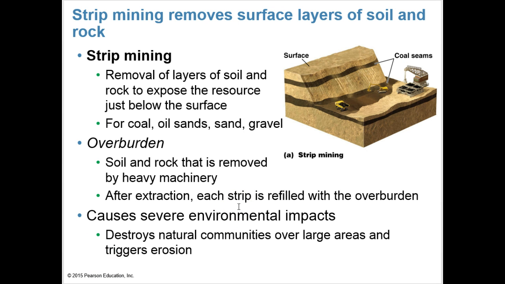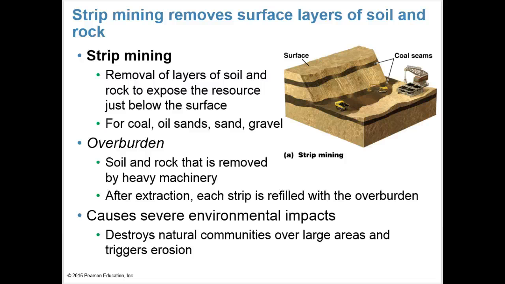Strip mining removes layers of soil and rock to expose the resource just below the surface. We use this for coal, oil sands, sand, and gravel. Heavy machinery removes the overlying soil and rock, which is termed overburden, from the strip of land, and then the resource is extracted.